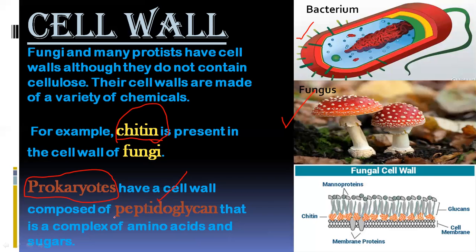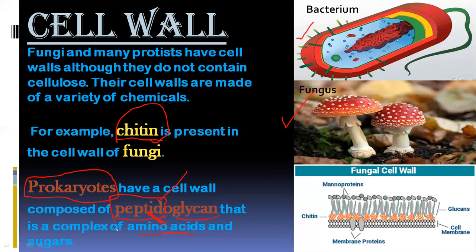Peptidoglycan. Wherever the word peptide comes, it means amino acids, which make up proteins. And wherever the word glycan comes, it comes from glucose, meaning sugar.